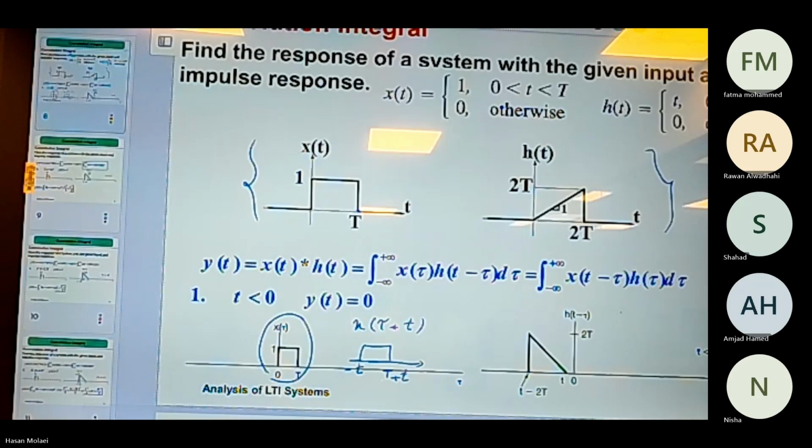Now I need to change it to minus tau plus t, which means I should do time reversal. Here would be t minus capital T. Here would be t.